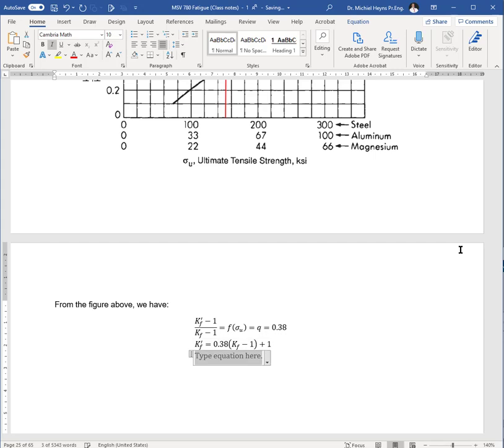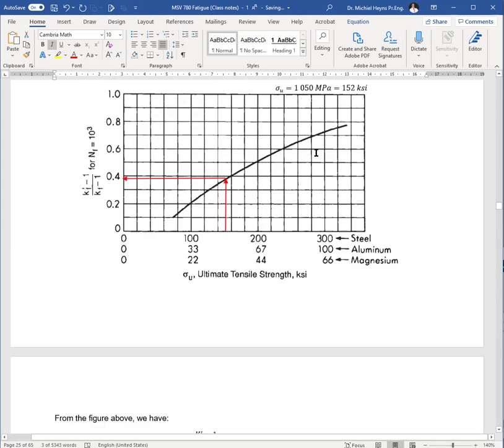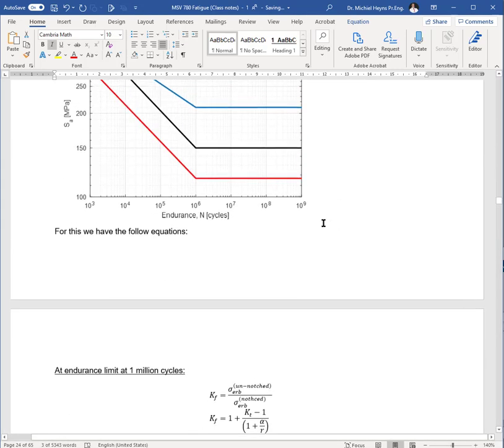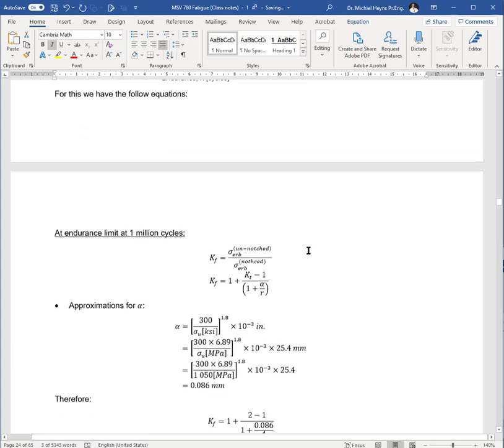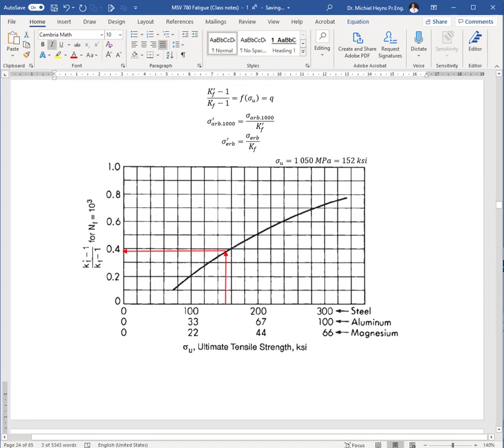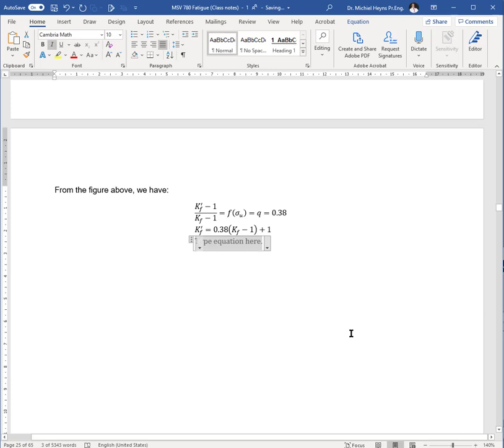And we know Kf is above; Kf was calculated as 1.98. So here we have it equal to 0.38 times 1.98 minus 1, 0.98, plus 1.